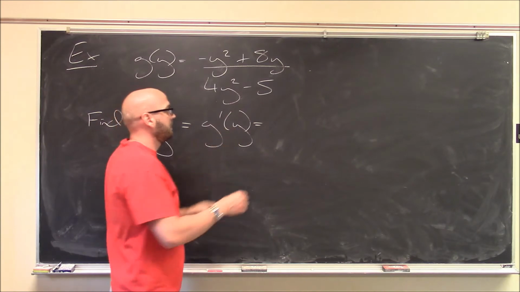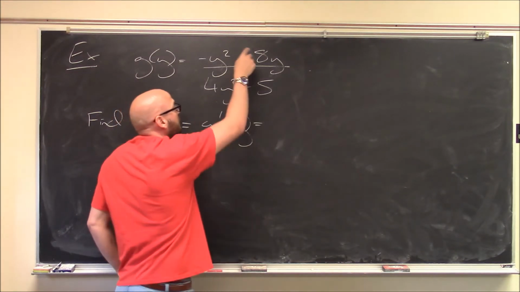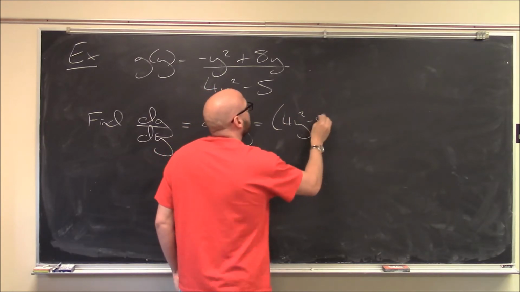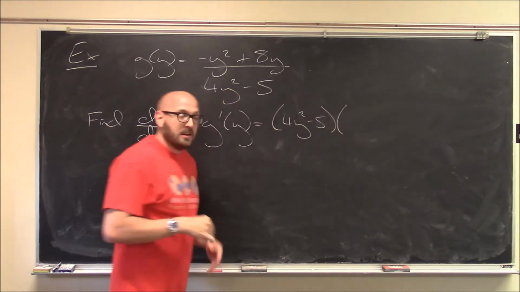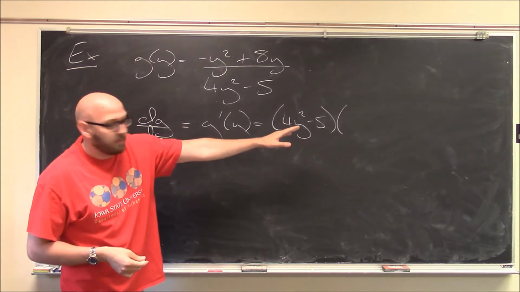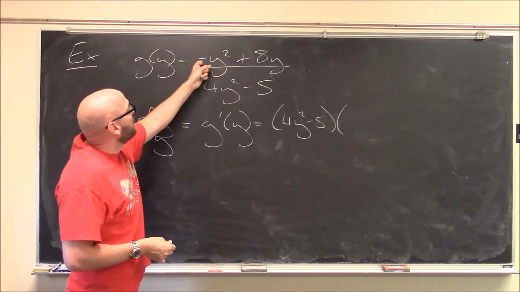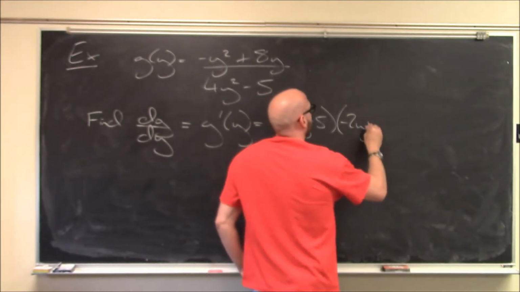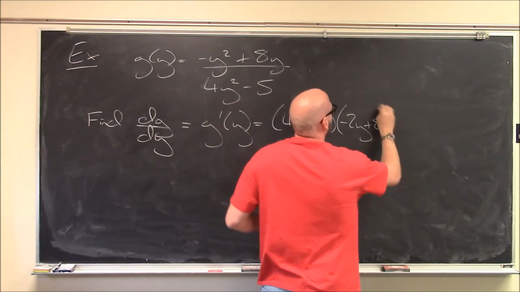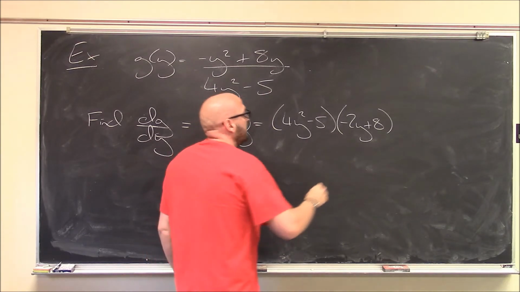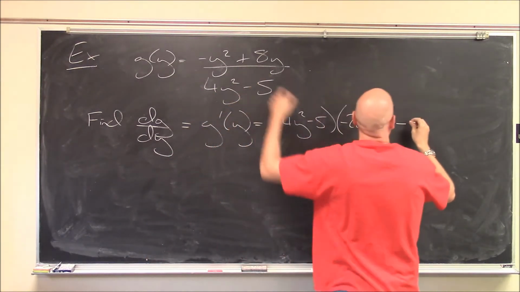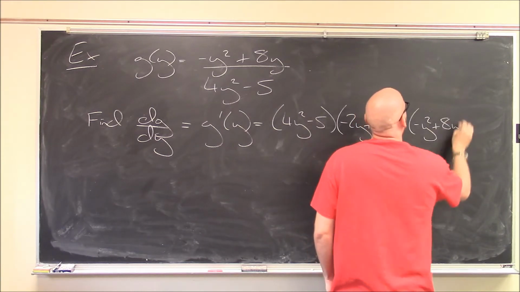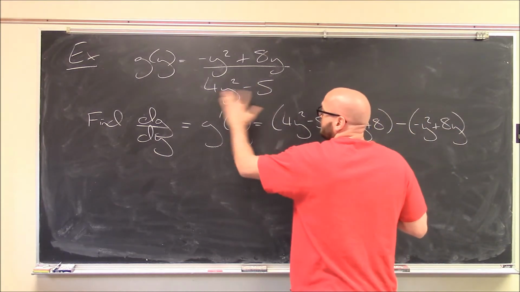So again, what's my derivative? It's low d high, the bottom times the derivative of the top. So 4y squared minus 5 times the derivative of the top. And instead of writing derivative of the top, let's just differentiate it. Derivative of minus y squared is minus 2y plus derivative of 8y is 8. Now minus the top, minus y squared plus 8y, times the derivative of the bottom.